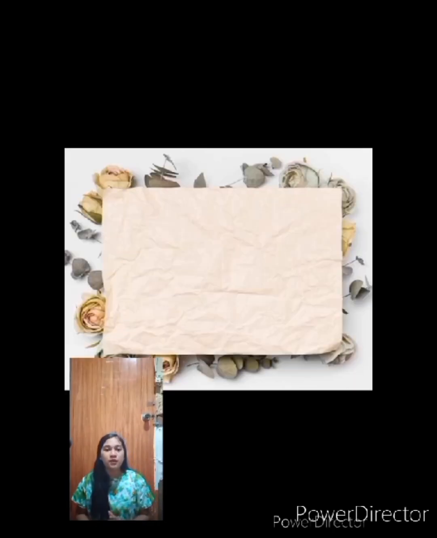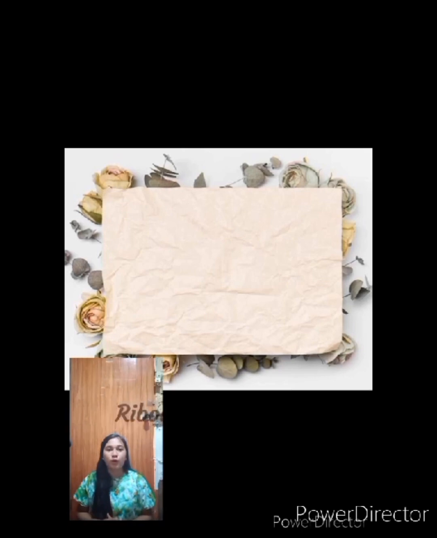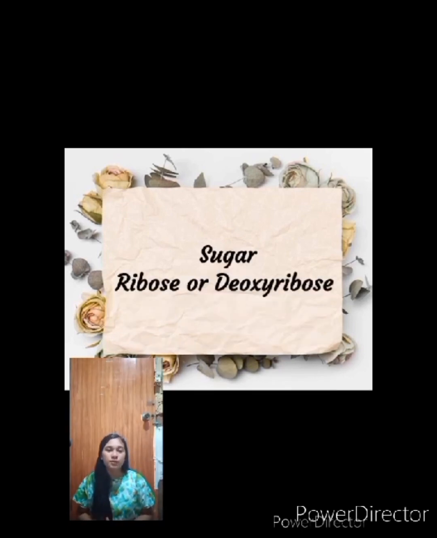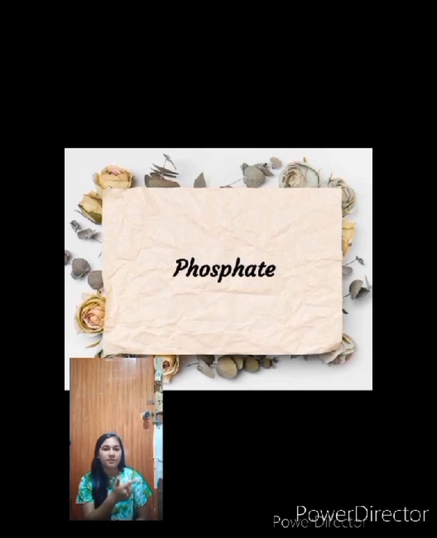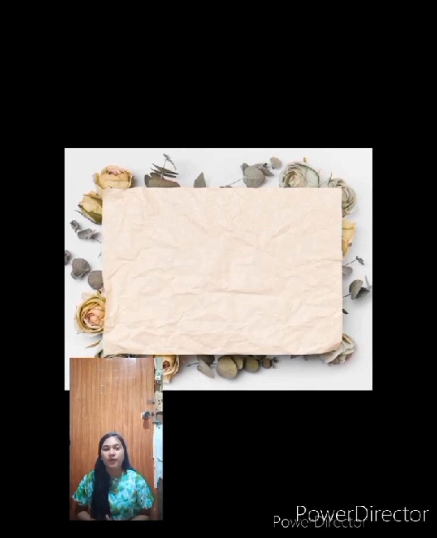You know what the 3 components of nucleotides are? First is the sugar, ribose or deoxyribose. Second, the phosphate. The third is the nitrogenous base, or bases, another term being purine or pyrimidine.